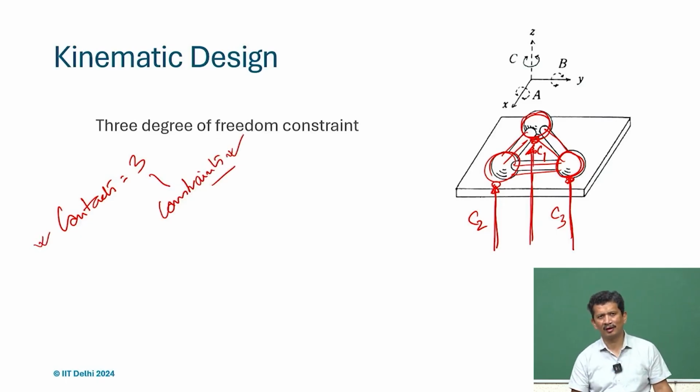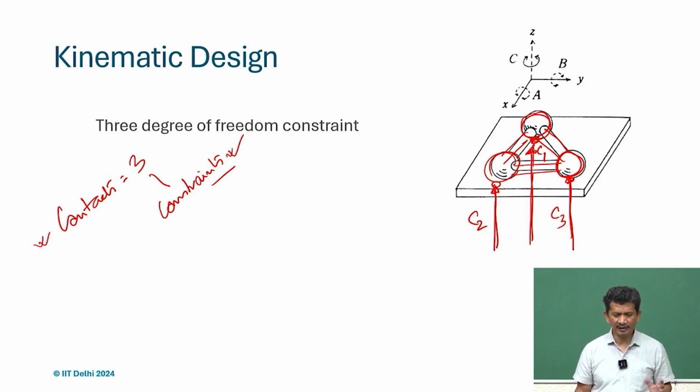So, for instance, here when I mentioned three parallel constraints on the same plane, or if the points of contact are along the same line, then we have a difficulty. So, those cases we are not talking about currently, and as we move on we realize that those are the over constraint cases.